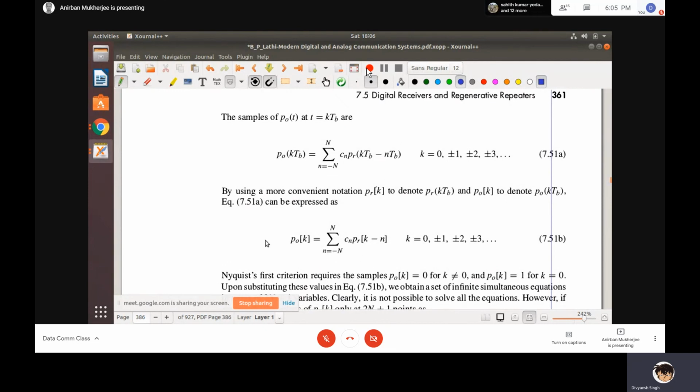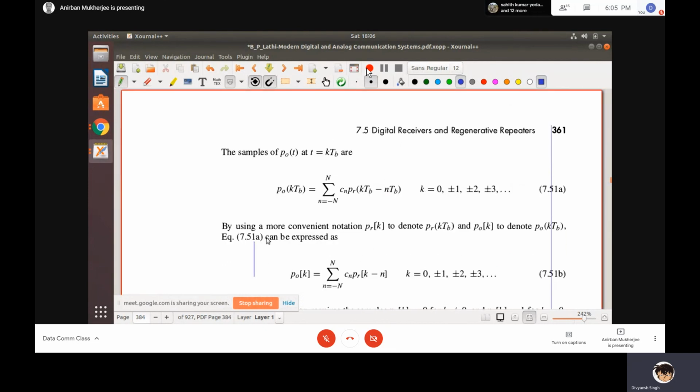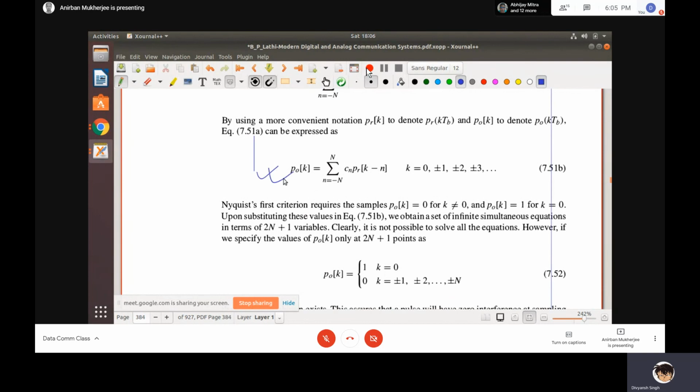That means you are solving this equation, and here you have taken k equal to 0, plus minus 1, plus minus 2, up to plus minus n.